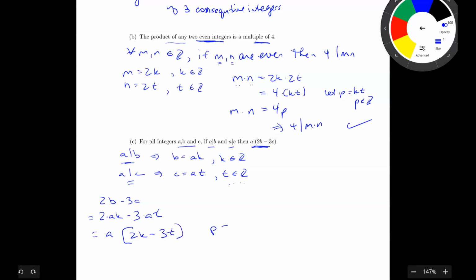Again, I'm going to let p equal 2k minus 3t, p an element of the integers. So I have 2b minus 3c is equal to ap. That means a divides 2b minus 3c. I'm writing so messy, sorry. Check.